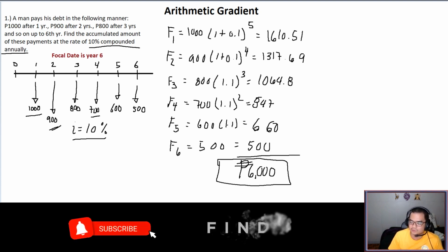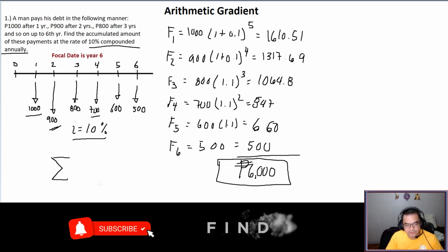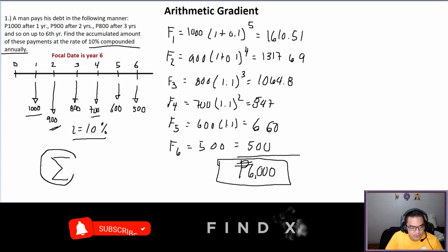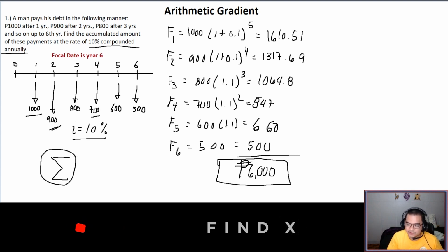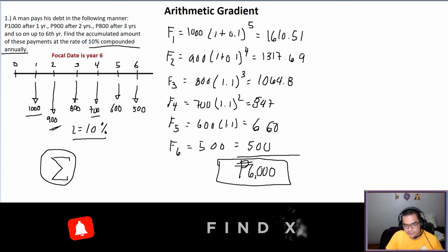We can actually solve this with just one line using the summation function. The summation function is really useful for this. However, before you can use it, you have to derive your own formula, which is the hard part. But don't worry, I'll try my best to explain this to you.